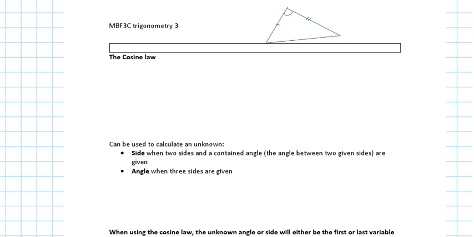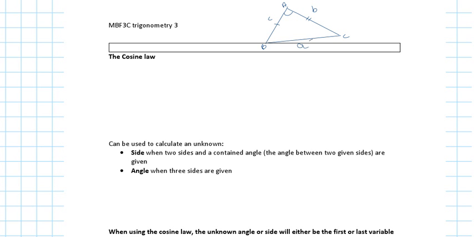What I have is two sides and the contained angle, okay? That would be angle A, for example. This is angle B, this is angle C. I know side C and I know side B, and I know angle A. So in this scenario, I can solve for side A. Cosine law allows me to solve for side A.